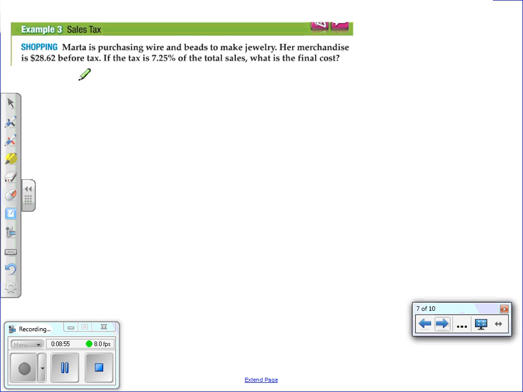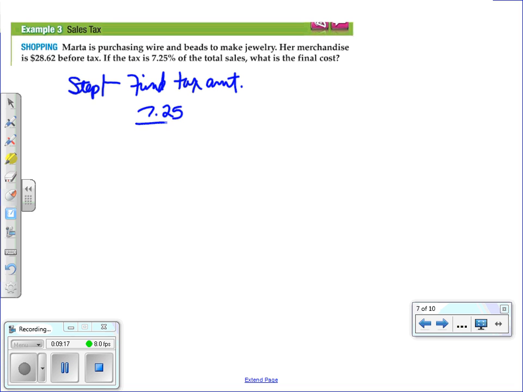So the first step you're going to have to do is to find how much the tax is. Find the tax amount, right? And how would we do that? Well, 7.25 over 100 is x over 28.62, our total sale.